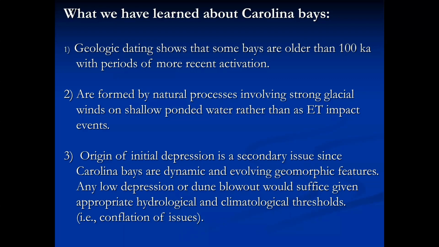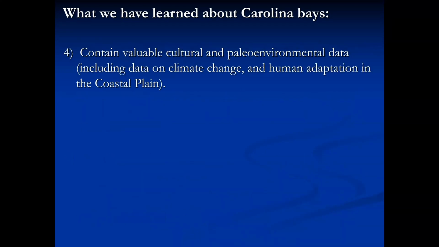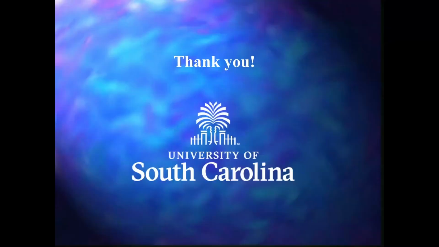Any low depression or dune blowout would suffice, given appropriate hydrological and climatological thresholds to create and start forming a bay through the processes that I've gone over. And lastly, as we've seen, they contain valuable cultural and paleoenvironmental data, including data on climate change and human adaptation in the coastal plain. Thank you.